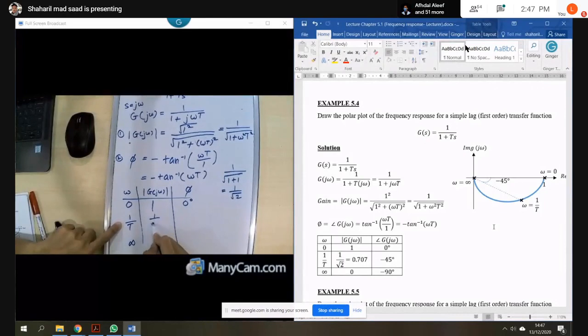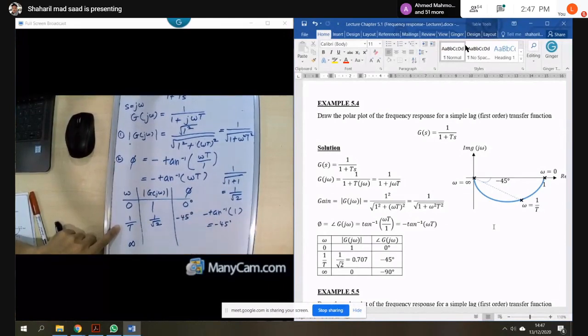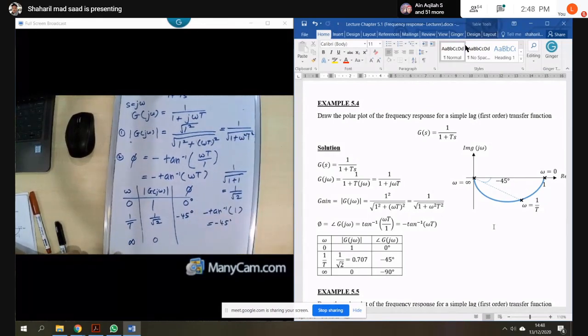For the phase angle, 1 over T, the terms cancel out, so you will get inverse tangent 1, which is minus 45 degrees. For infinity, 1 over infinity, of course you get 0. And for the phase at infinity, we get minus 90 degrees.